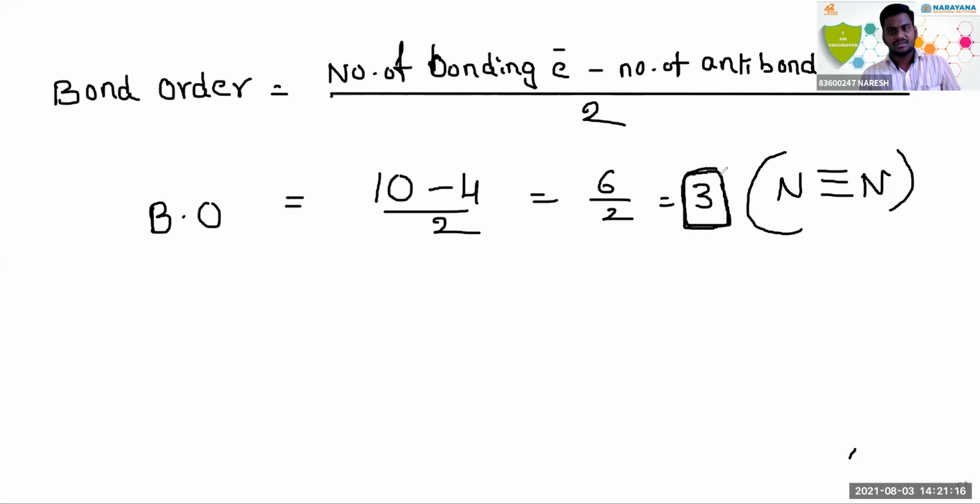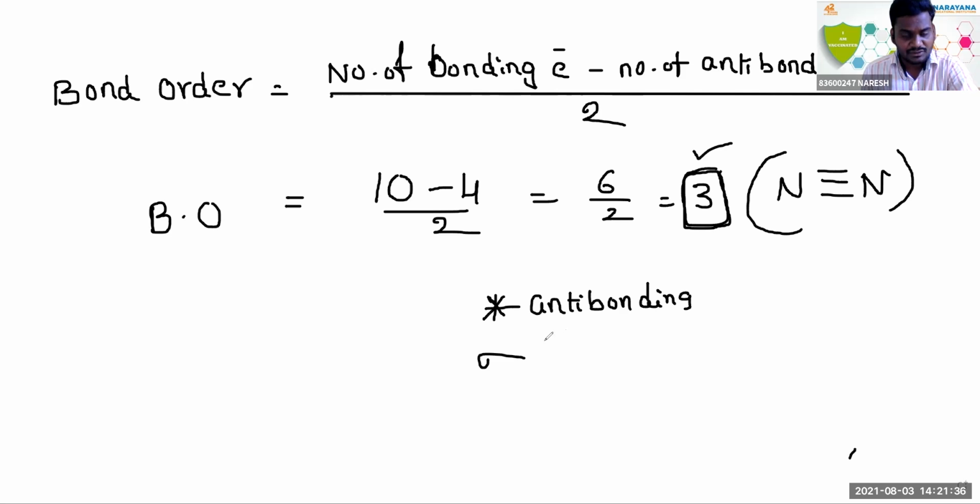Yadu Prakash, did you understand this? Yes, sir. To find the bond order for the N2 molecule, first make the diagram. From the diagram, see here, the star is anti-bonding. Star electrons are anti-bonding electrons. Sigma or pi without star is bonding.